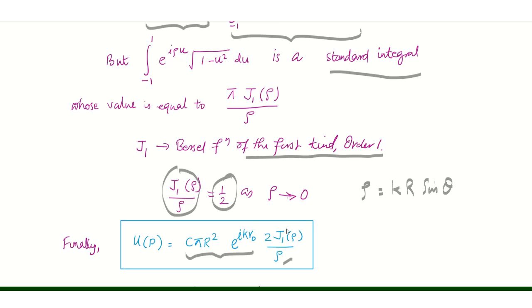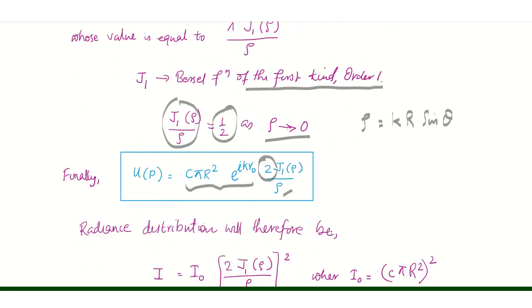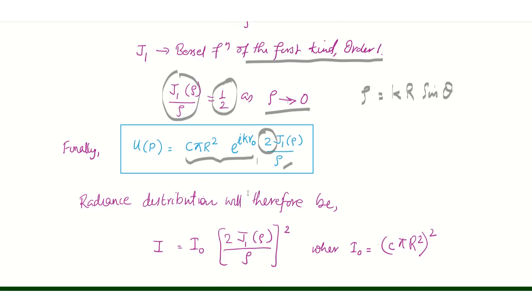And therefore, in order to have the right value at rho equal to 0, you put that extra factor 2 there. And therefore, the radiance distribution is, if you take again this as C prime, C prime times C prime star will give you the intensity, and that is this one, and this is it.